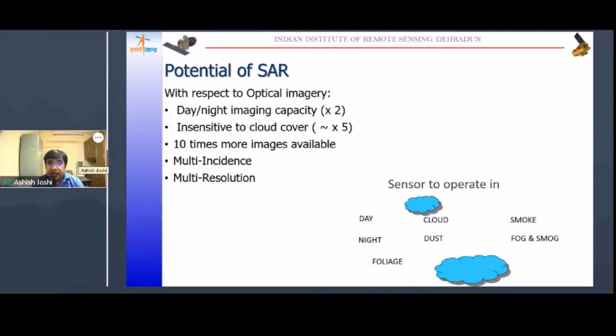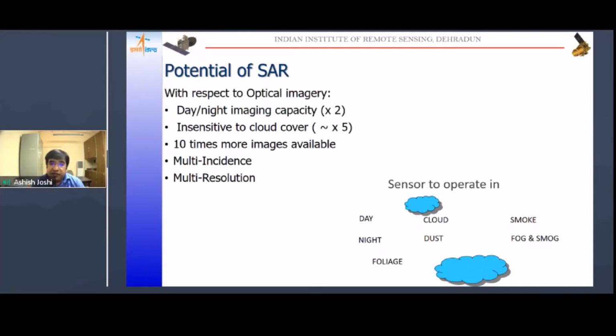In the monsoon seasons, the optical satellite cannot image the Earth's surface, but our SAR sensors can image the Earth's surface. During flood time, the atmosphere is mostly covered with clouds. At that time we cannot use the optical satellite.